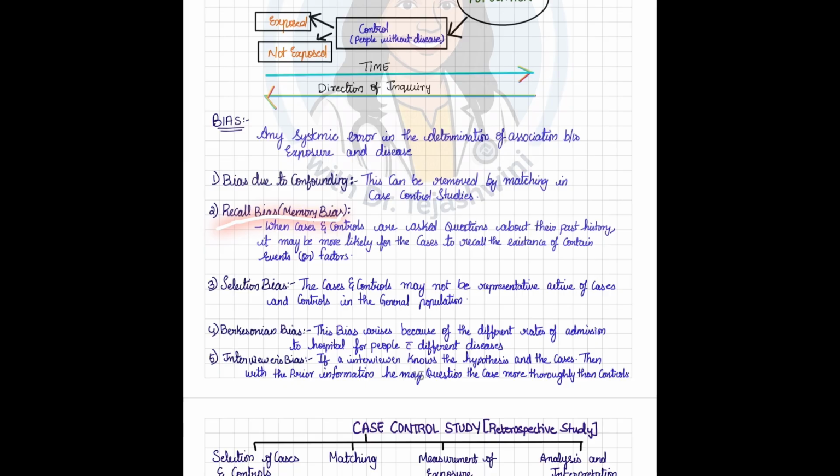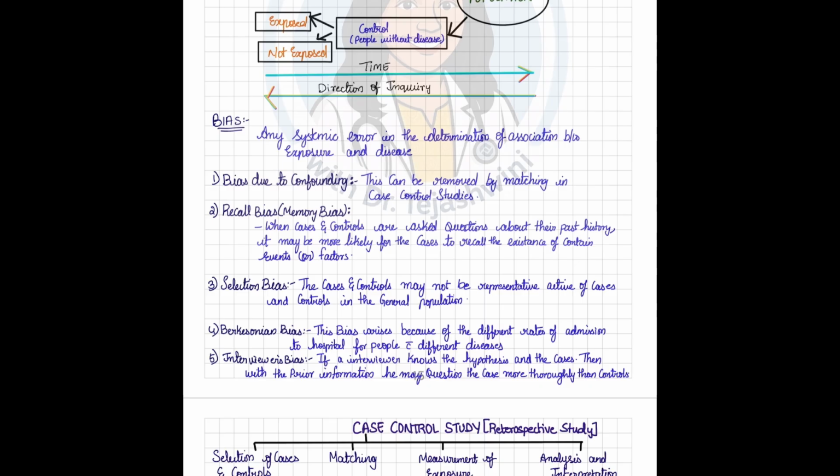2. Recall bias. Recall bias happens when there is a difference in how well cases and controls remember their past exposures. For example, people with lung cancer may be more likely to remember their smoking habits and report them in detail compared to healthy controls, leading to an overestimation of the association between smoking and lung cancer. 3. Confounding bias.